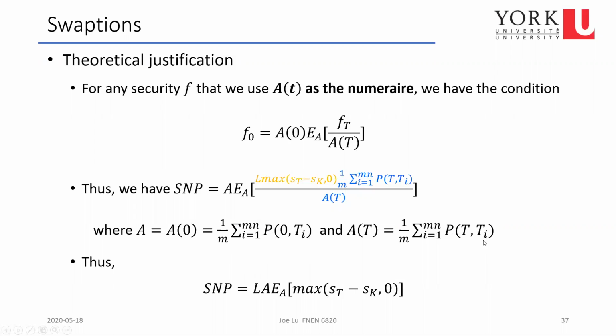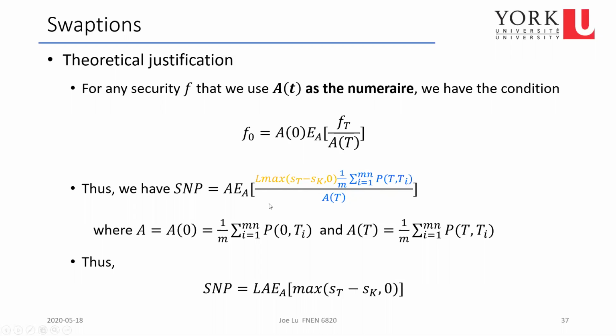Okay, now, we do a straight substitution here, and after substitution, you will realize that this A_T and this thing here will cancel out in the payoff. Now, we're only left with the yellow part of this F_T.